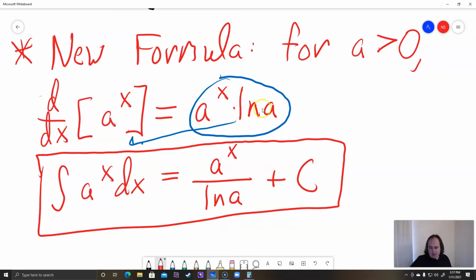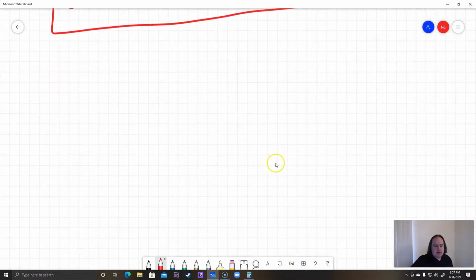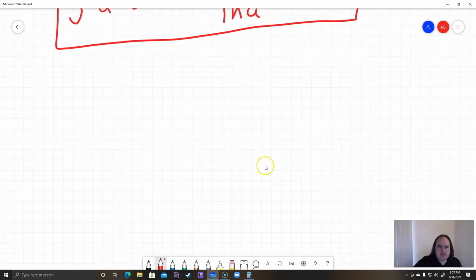Instead of multiplying by natural log of a, you end up dividing by natural log of a. Yeah, that pretty well covers it. So let's see an example using this new formula.